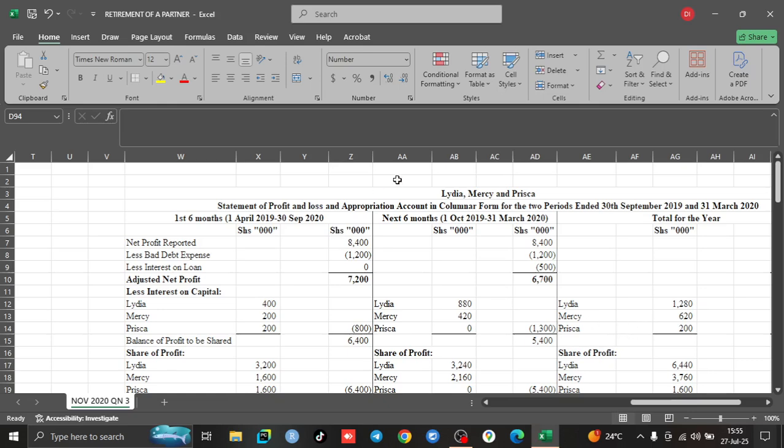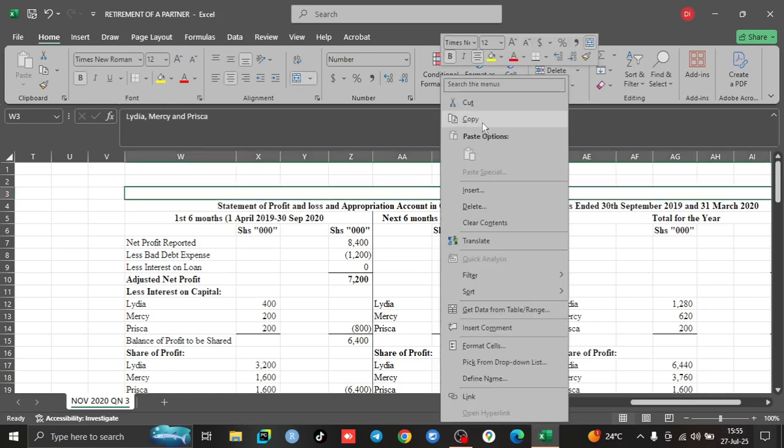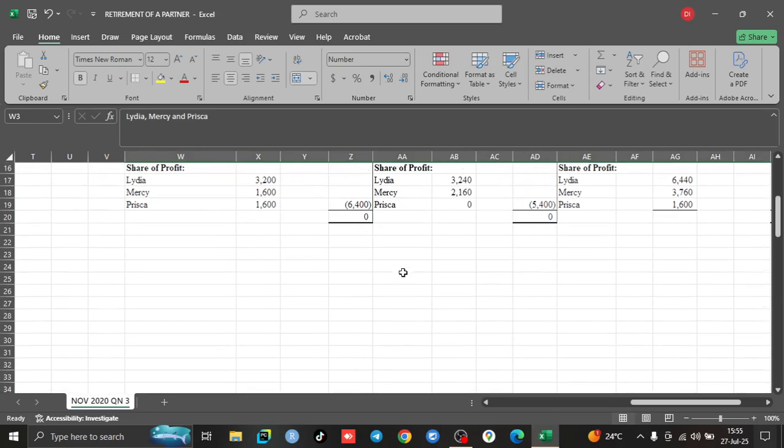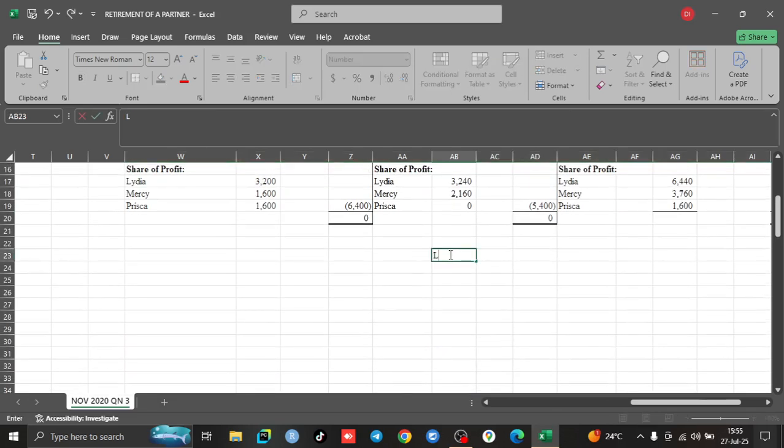Now for the statement of financial position, it's always for just the whole duration. There is no apportioning because it's at a specific date. Lydia, Mercy, and Priska. Statement of financial position as at March 2020.